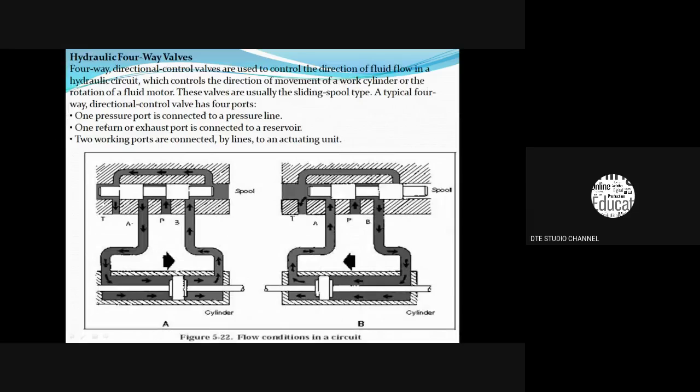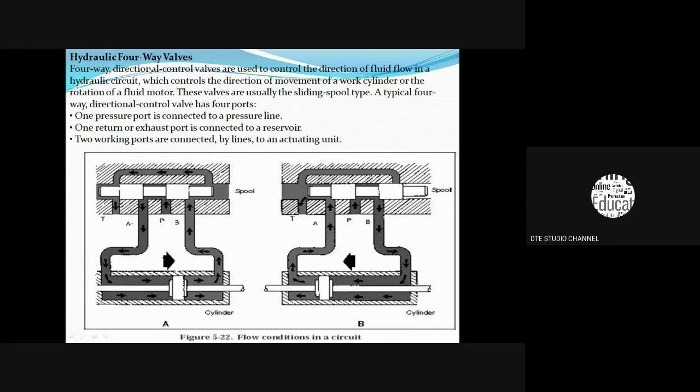Another type of sliding spool valve is the hydraulic four-way valve. They can be called a 4x2 DC valve or a 4x3 DC valve. I will show you the symbols for representing a 4x2 DC valve and a 4x3 DC valve. Two-way valves and three-way valves have only 2 positions.